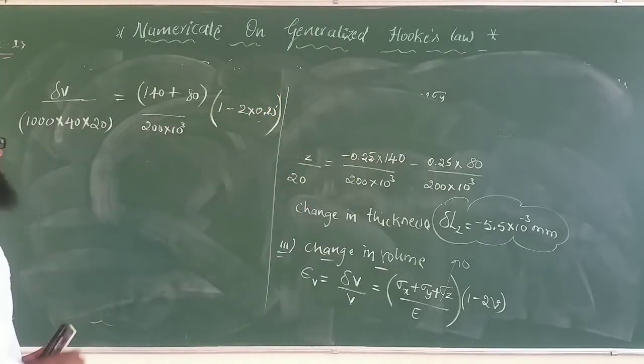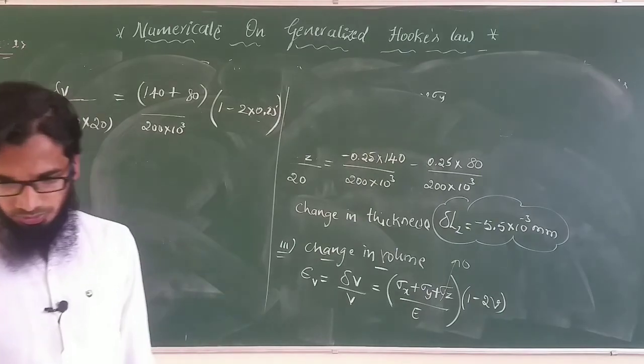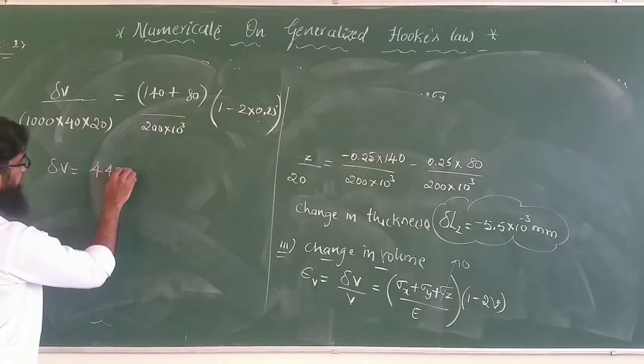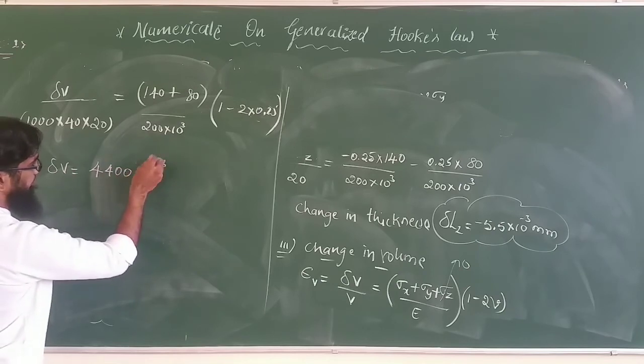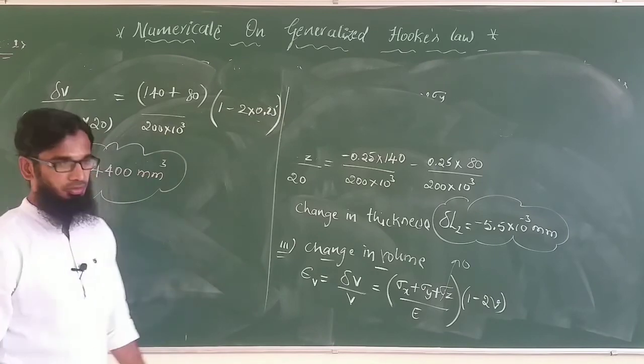Now just simplify this part here. So then what I am getting for the change in volume is 4400 mm cube. So this is the change in volume for the given problem here.